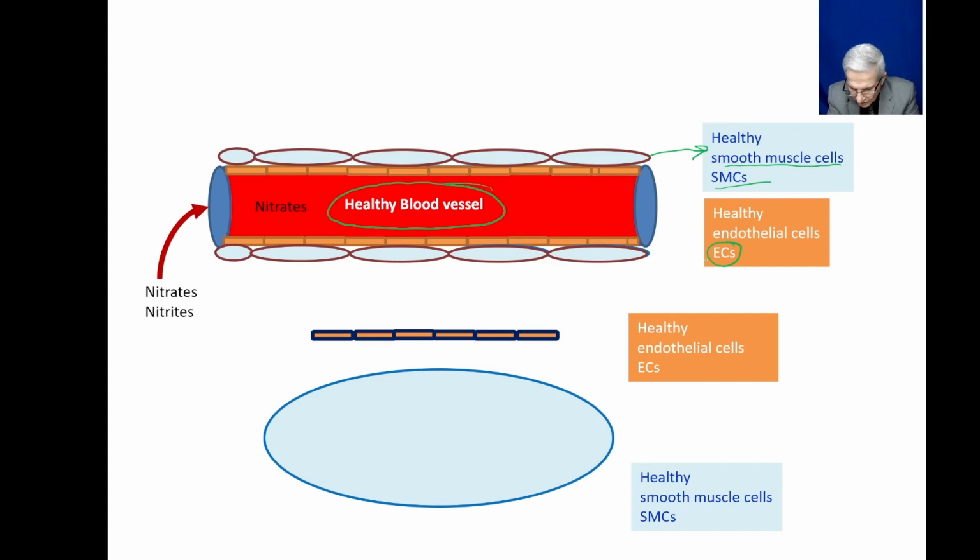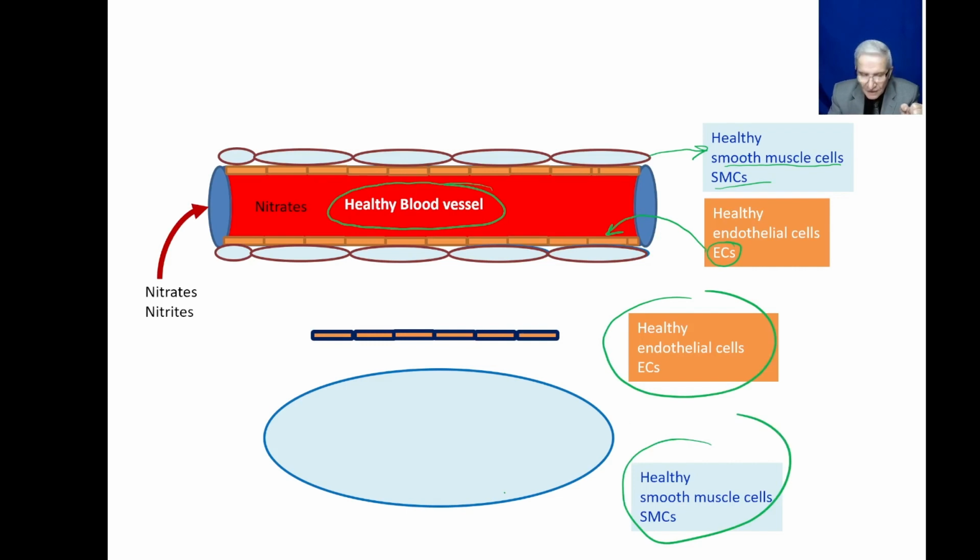So in the healthy blood vessel, we have 2 main components. Number 1, we have endothelial cells lining the blood vessels, and surrounding the blood vessels, we have smooth muscle cells. These 2 components work closely to maintain the function of blood vessels.